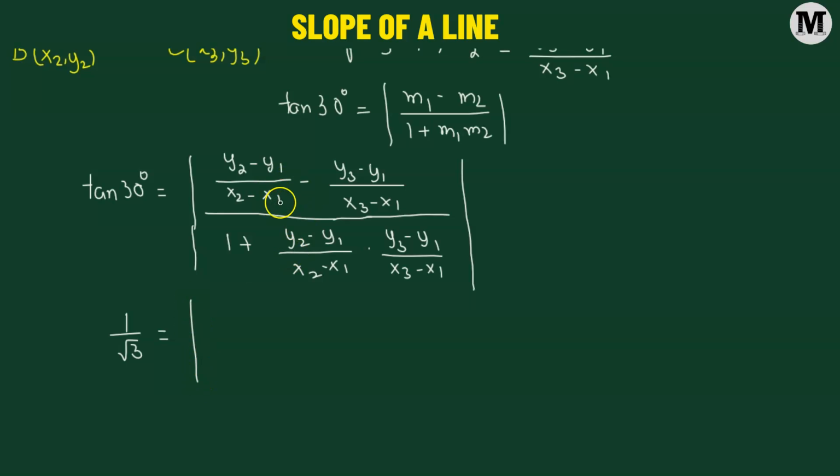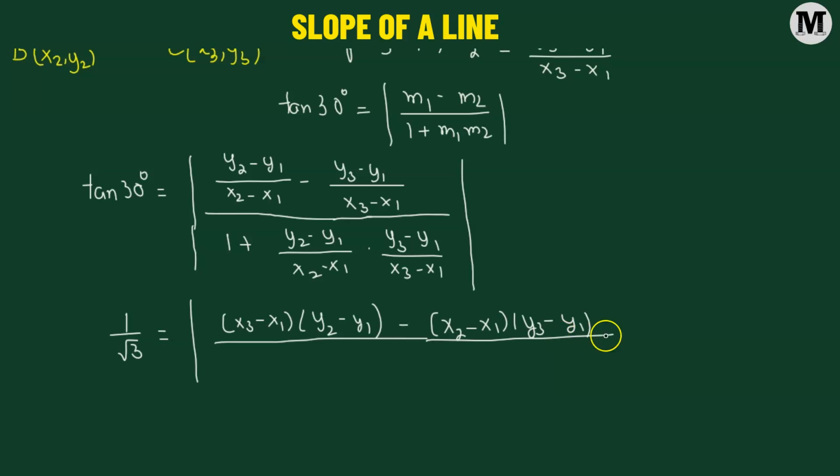Now we're going to multiply both the numerator and the denominator by x2 minus x1 times x3 minus x1. So that's going to give us x3 minus x1 multiplied by y2 minus y1, minus x2 minus x1 times y3 minus y1, whole divided by x2 minus x1 times x3 minus x1, added to y2 minus y1 times y3 minus y1.